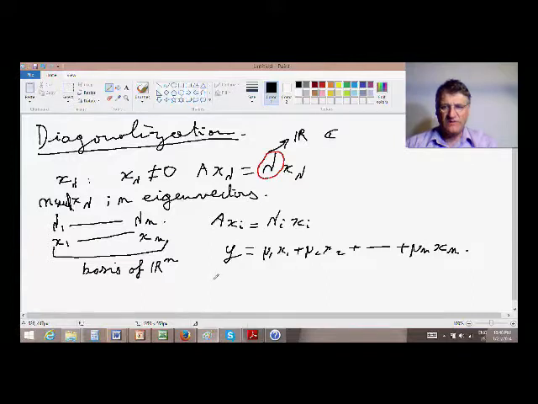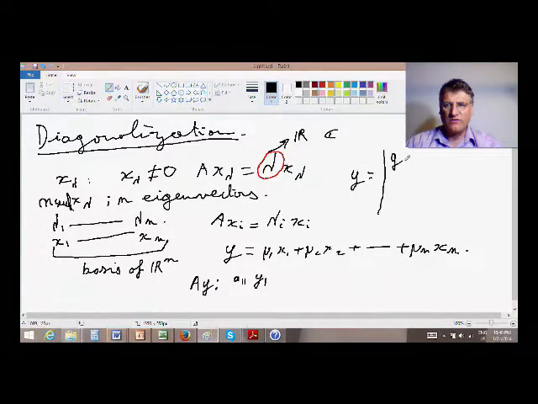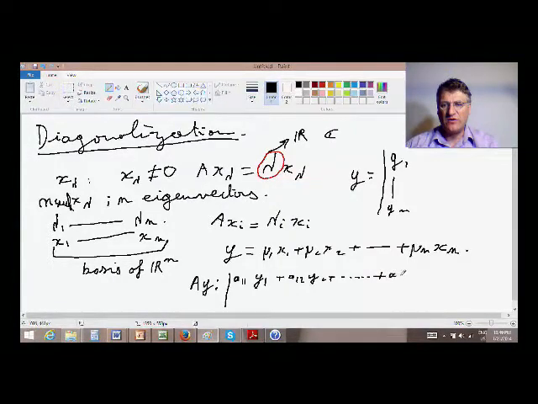So let's say we want to compute A times y. Well, there's the old-fashioned way, which is we compute y component-wise as y1 through yn. We can compute it as the vector a11 times y1 plus a12 times y2 plus etc. plus a1n times yn.